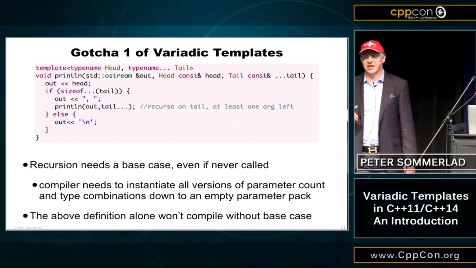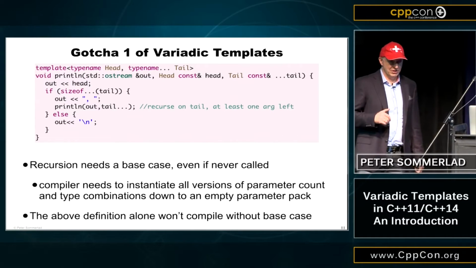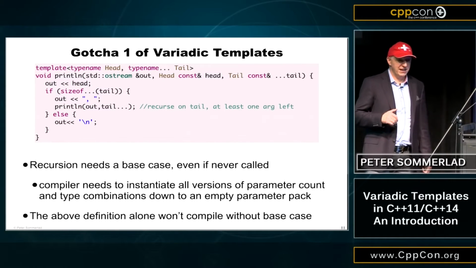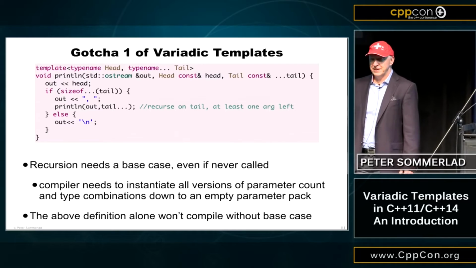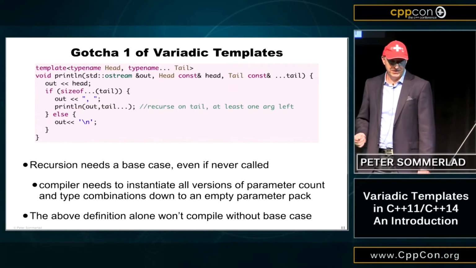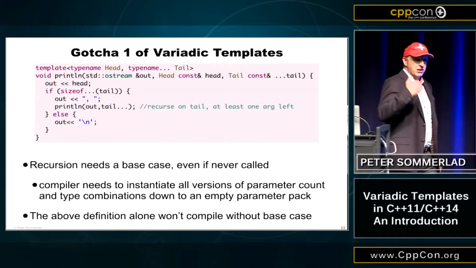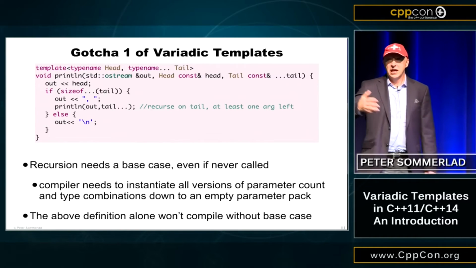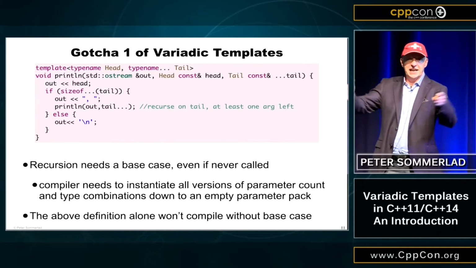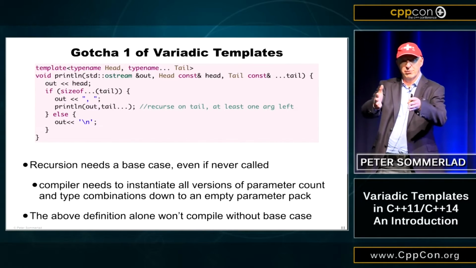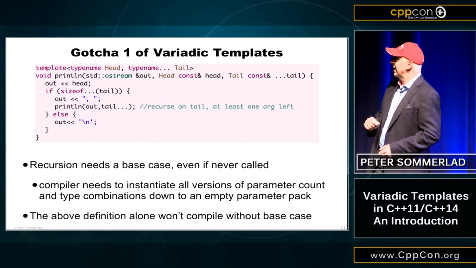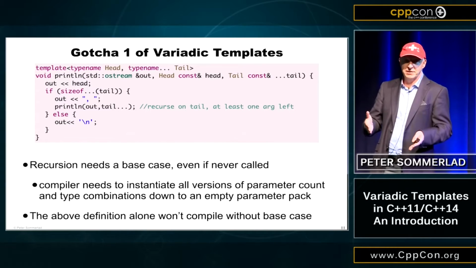we must provide an overload for that situation. Why is that the case? You never call something, nevertheless the compiler complains about that. The compiler sees the source code and instantiates println while the tail gets smaller and smaller, and if we get just one element left, the tail is empty.